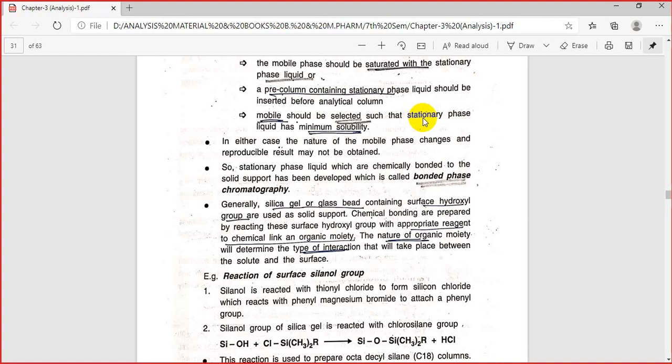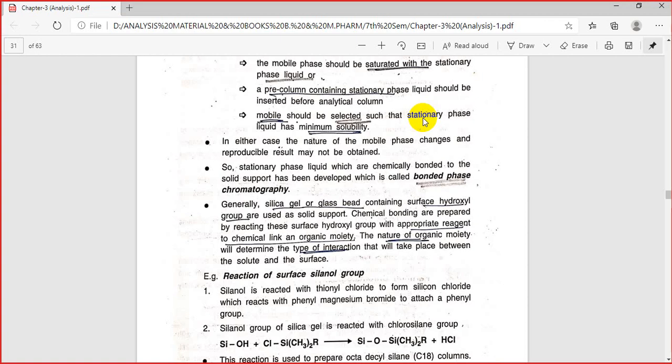Now what we are doing is chemically bonding the silica gel by reacting this surface hydroxyl group with an appropriate reagent to chemically link an organic moiety, and this organic moiety determines the type of interaction that will take place between the solute and the surface.